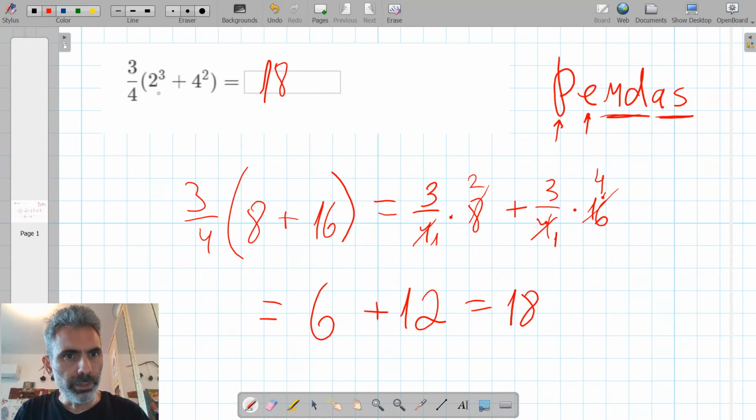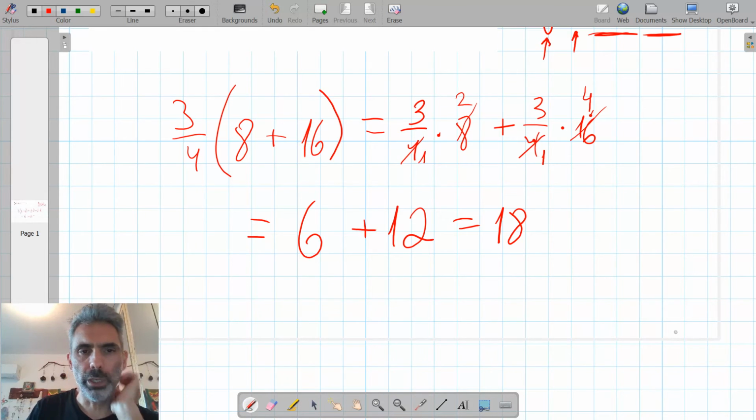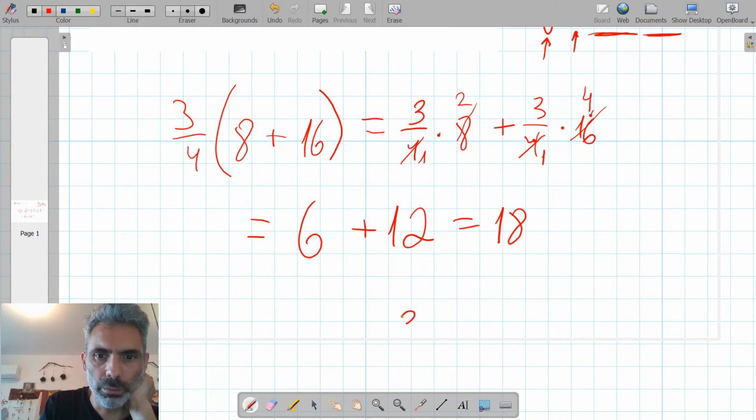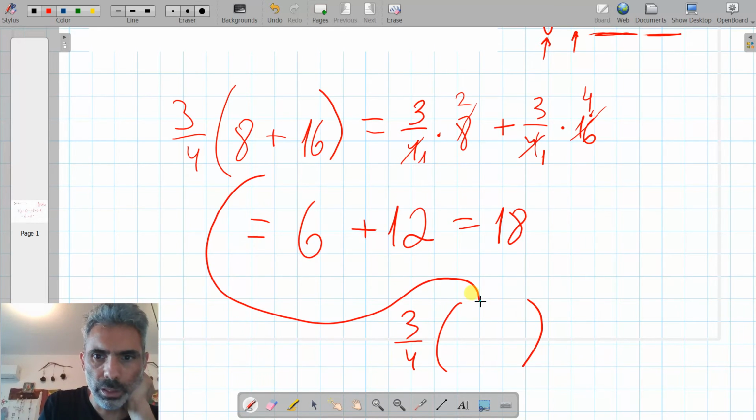Verify that I have not made a mistake. 2 to the power of 3 is 8. 4 squared is 16. You can also evaluate the parentheses first. So 3/4 of 8 plus 16. 8 plus 16 is 24.